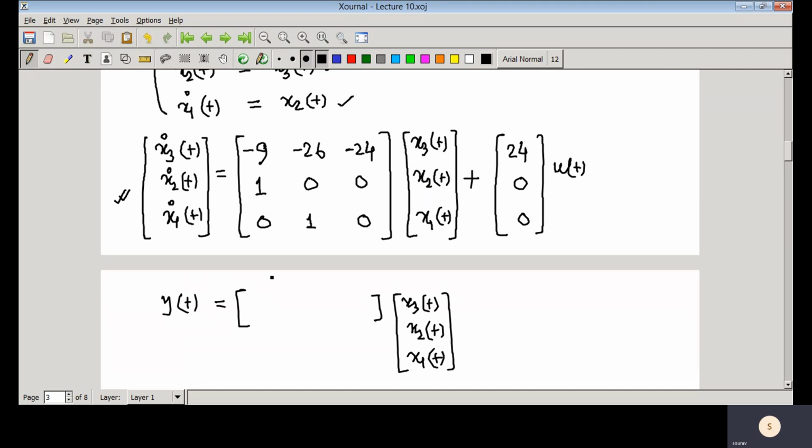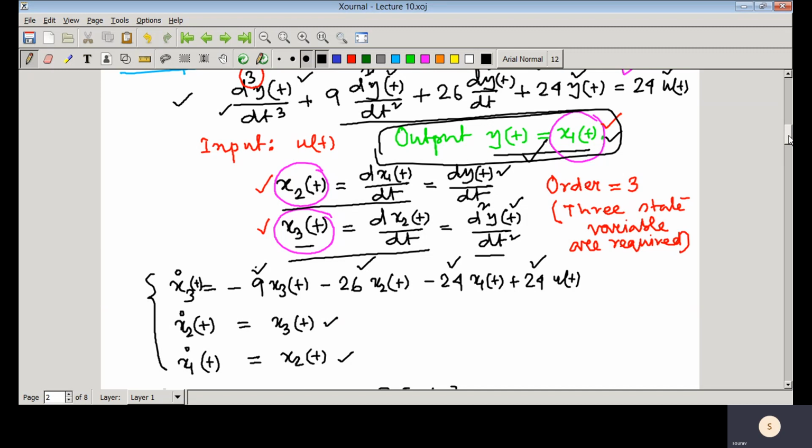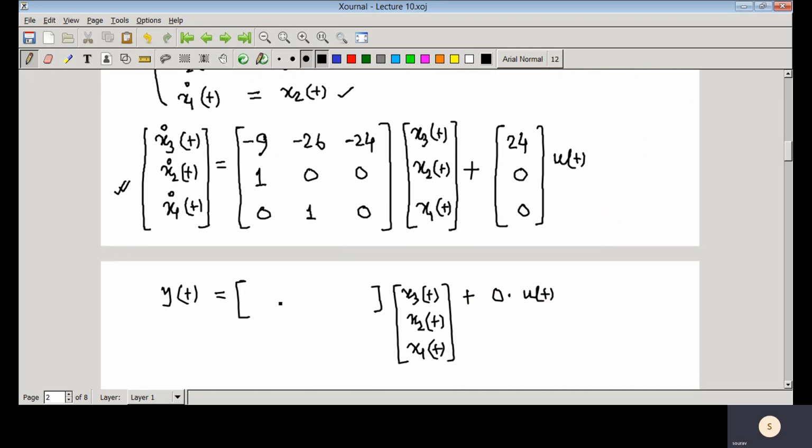And here you have 0 into u(t), because the output is not directly related with u(t). So here you can see that y(t) equals x1(t), so that can be represented in matrix form as 1.